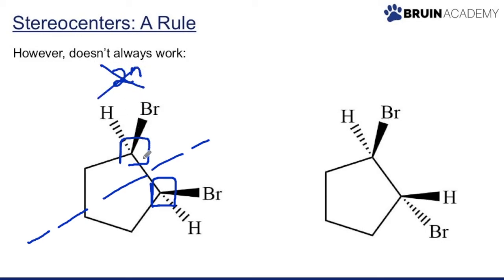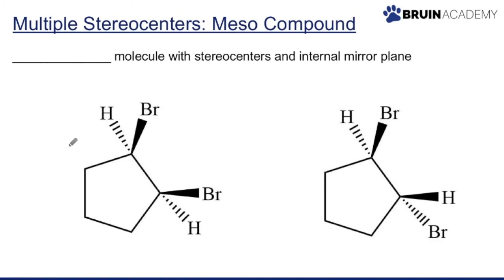And the reason for this is because this is a special type of molecule called a mesocompound. And mesocompounds are actually achiral molecules. However, they do have stereocenters, but they also have this internal mirror plane that allows them to be very symmetrical and also superimposable on their mirror images.